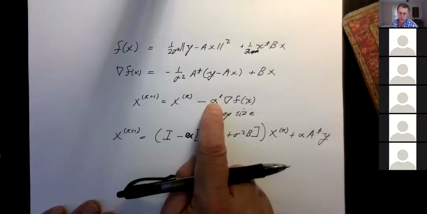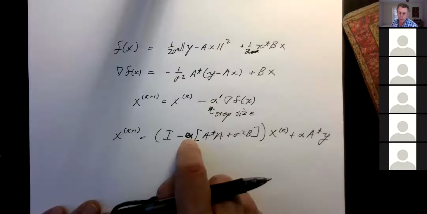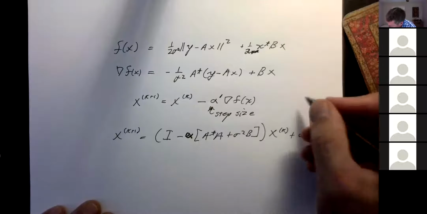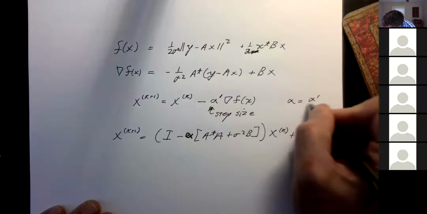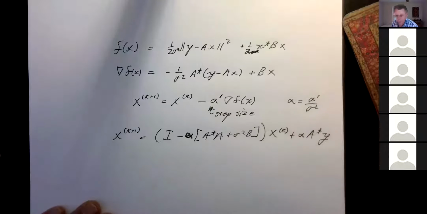That's a different constant, but they're related by a scaling factor. So alpha is equal to alpha prime over sigma squared is the relationship.